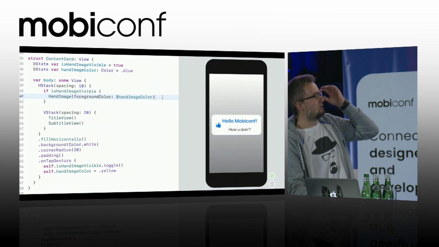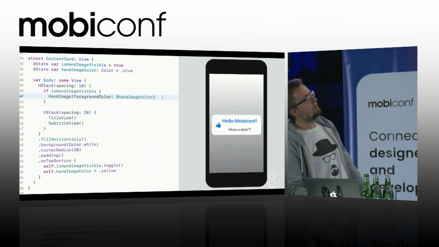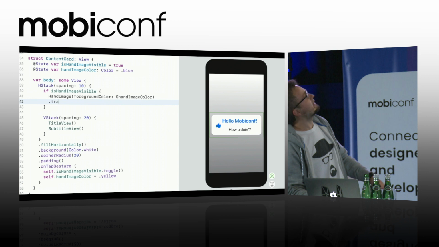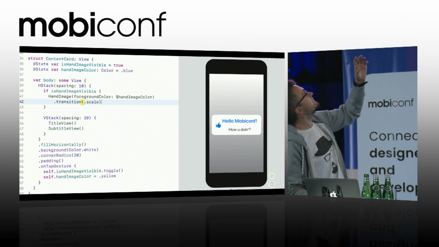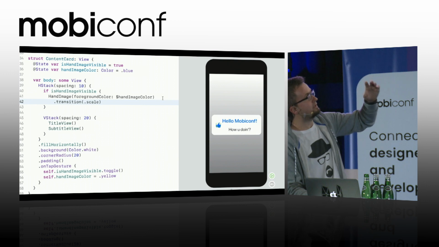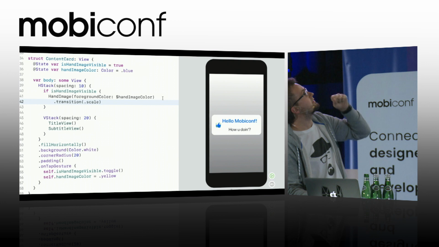Cool. Right now, I'm showing and hiding this hand image without an animation, and I want to apply some. How do I do this? Well, I must declare, again declare, because this is a declarative framework, that I want to show this and hide this with a predefined transition, the scale transition. And this is not enough.